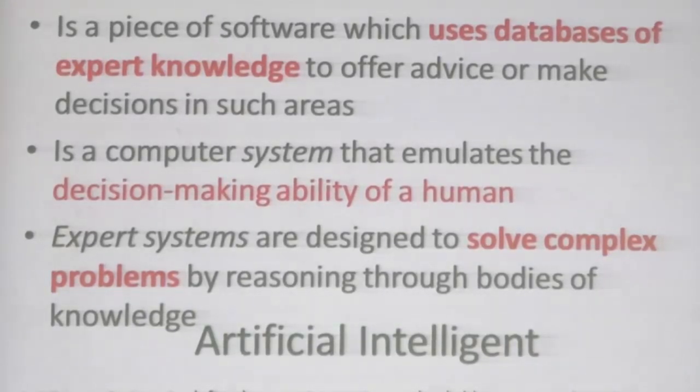So, they use a database of expert knowledge. Different databases are used, and using those databases the decision ability of a human being can be improved. Especially in robotic development, these things are used.